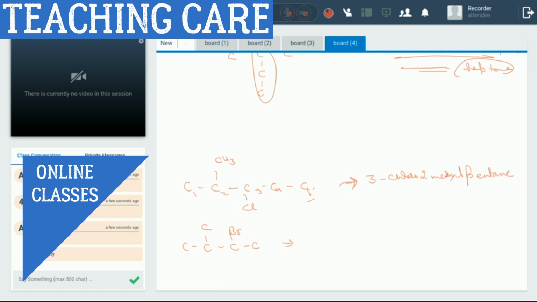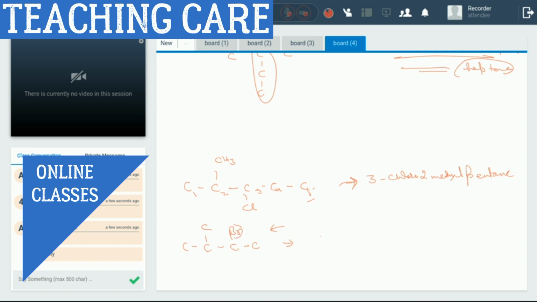What is the name of that compound? So the name of that compound will be three bromo two... Remember, whenever there is an alkyl group, it is always better to start from the halogen. Halogen is a kind of functional group.